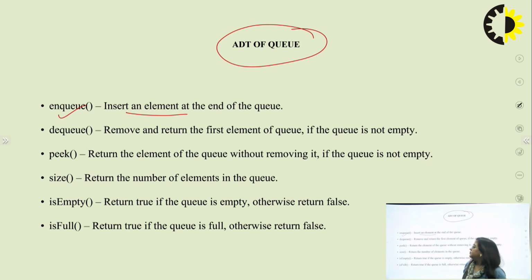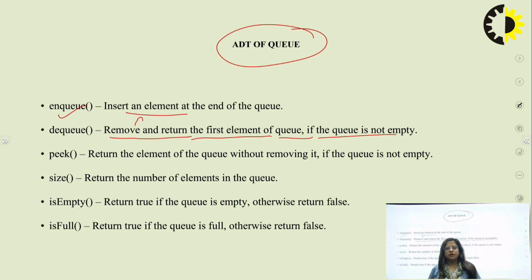DQ operation means removing an element, returning the first element of the queue if it is not empty. Peek returns the last element.